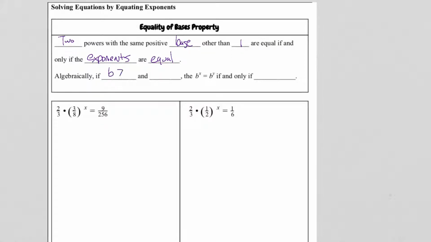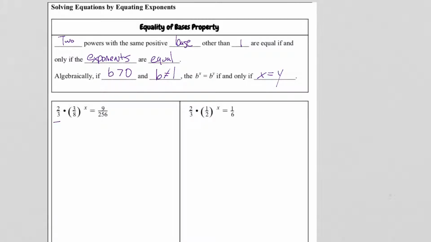And you recall, if the base is greater than 0 and the base is not equal to 1, then b to the x is equal to b to the y if and only if x is equal to y. So we proceed with our basic algebra problems now using things raised to the power of x.